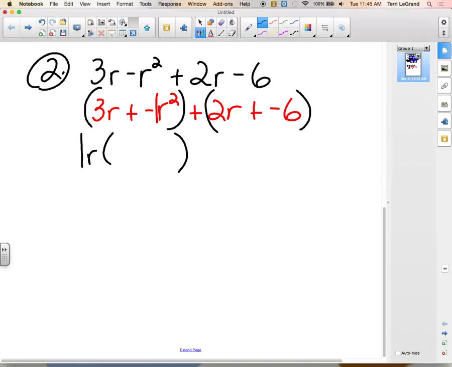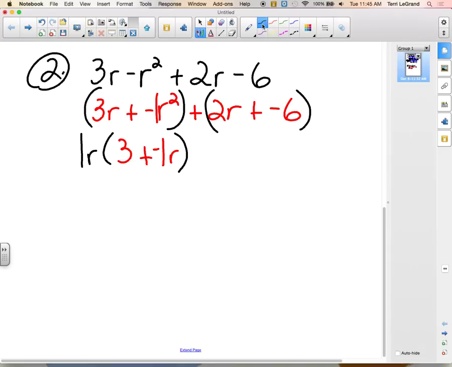What's 3r divided by 1r? 3. Plus negative 1r squared divided by 1r. What's negative 1 divided by 1? Negative 1. And what's r squared divided by r? r. Okay, so there's our first group factor.